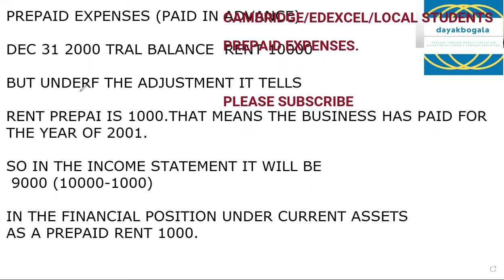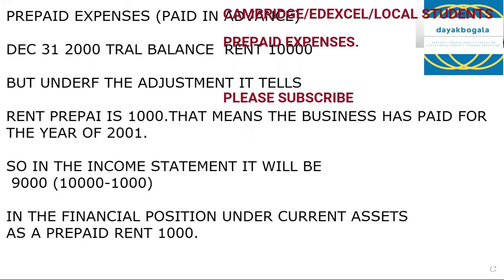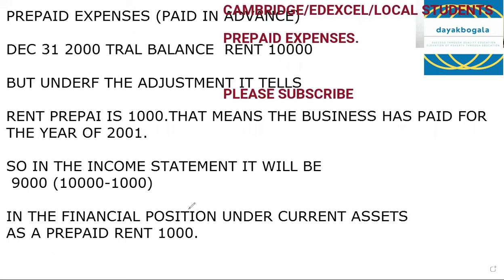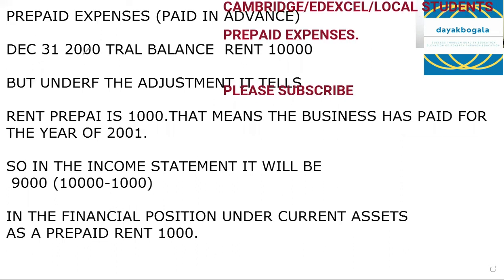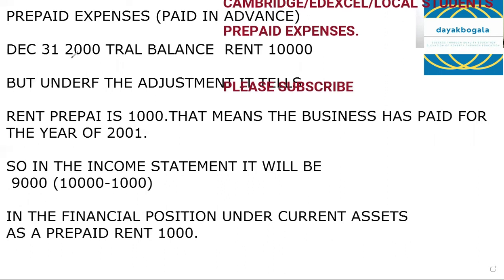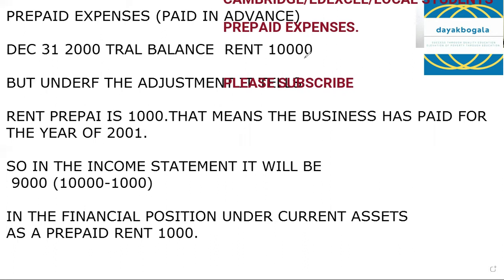I will repeat again: prepaid expenses are paid in advance. You have to enter them under the income statement after subtracting this figure. For the 31st December 2000 trial balance, they have given 10,000.